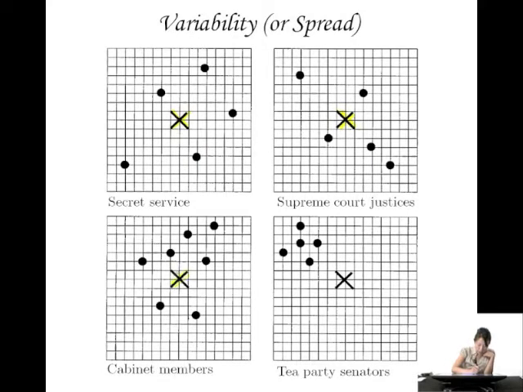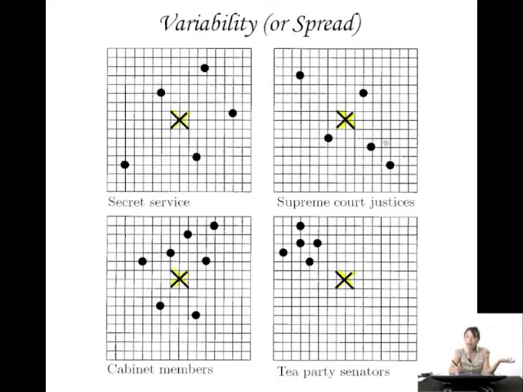And these are different groups of people that are standing with him at some sort of formal event. So here we see the Secret Service, and this is how far each of them are from him.